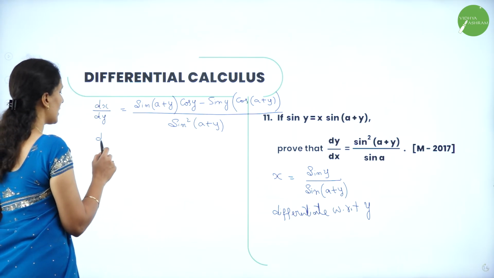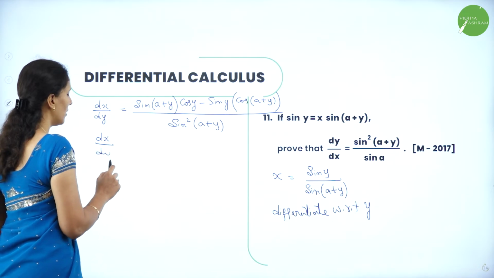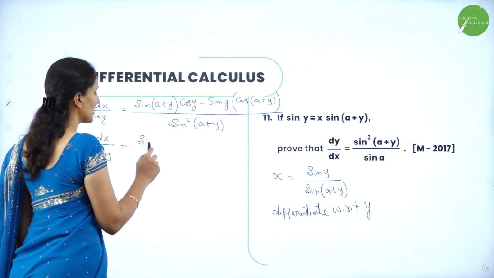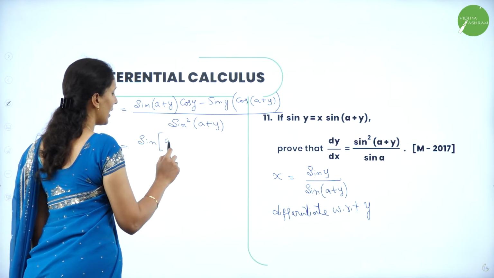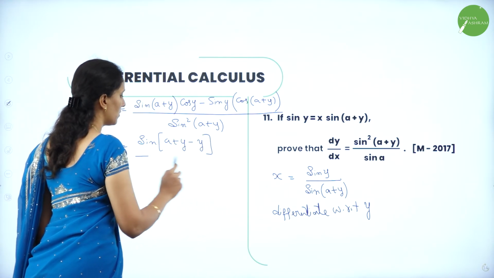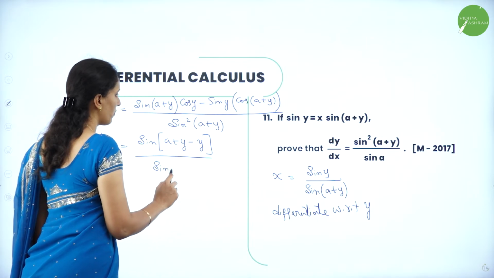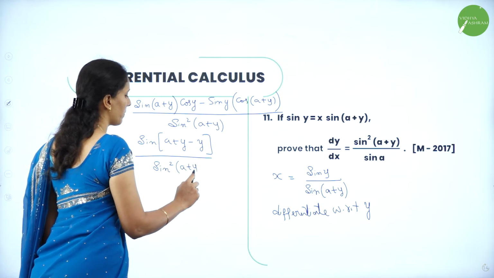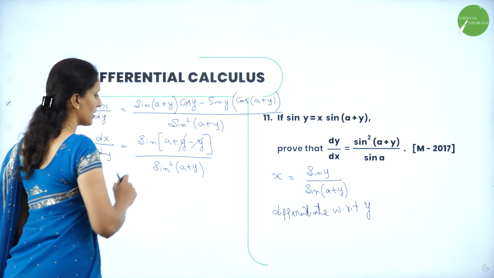So I can write this as dx by dy is equal to sin (a minus b) form, which is sin of (a plus 1). Now cancel plus y minus y here.